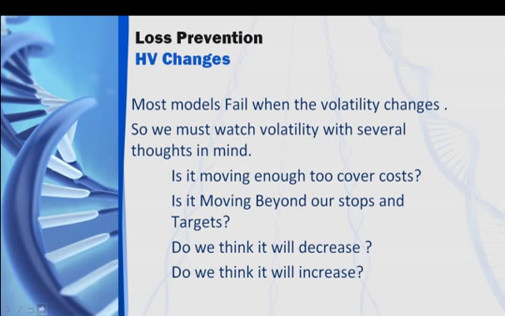Is it moving enough to cover costs? Okay. Is it moving beyond our stops and or targets? Okay. Do we think it will increase or decrease in volatility? These are all things that we have to address within our own trading. We have to know this. Do we think those things will happen?